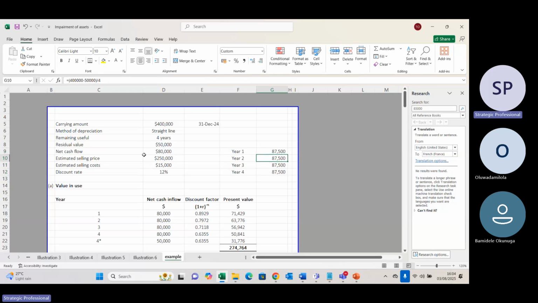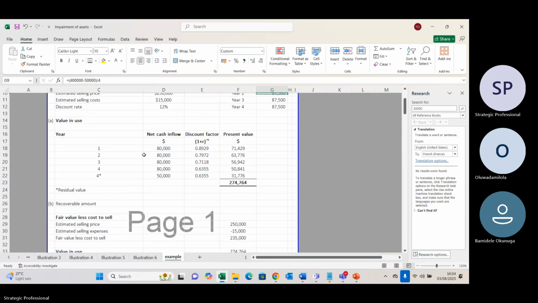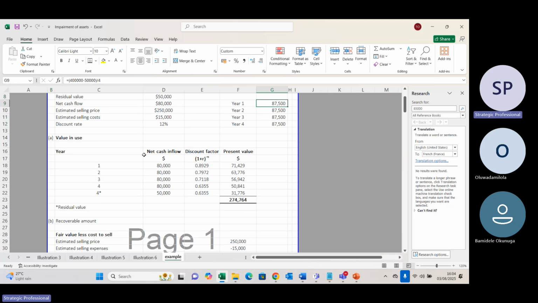Okay, so you agree with me that this would not continue again. It will not be 7,500. The reason why, you have actually said it. The 7,500 will cease to be the depreciation charge because once an asset is impaired, the carrying amount of that asset has already been replaced with the recoverable amount.